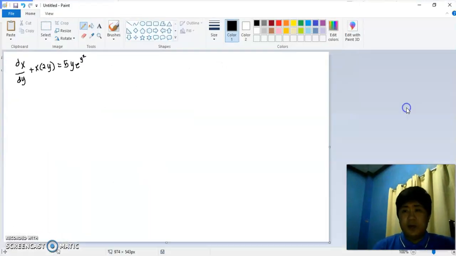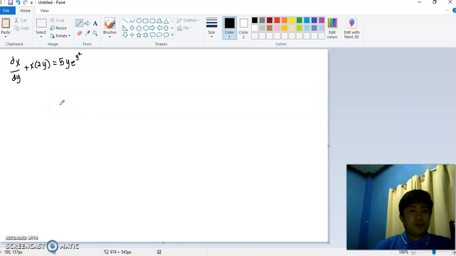Okay, so let's try to solve. In this case, we already have our p of y. We know that this is p of y because we are in linear of x. Obviously, you have dx, you have x here. So what remains is another variable, that is 2y.